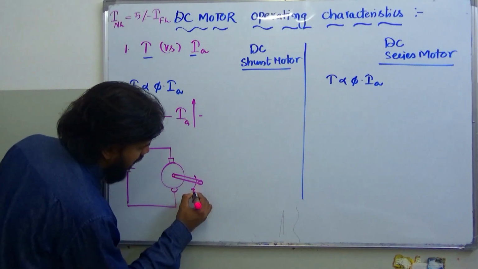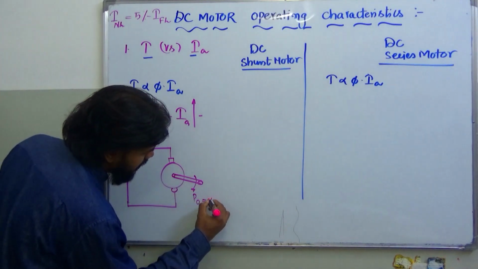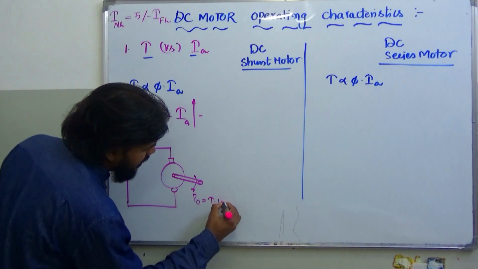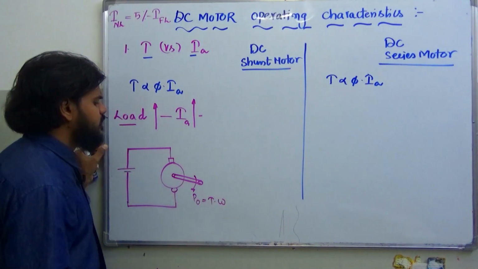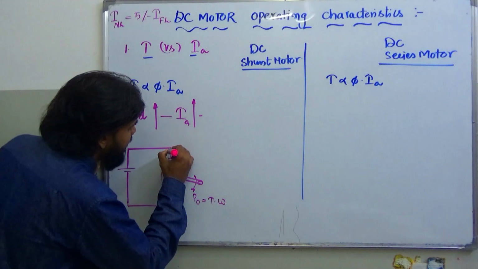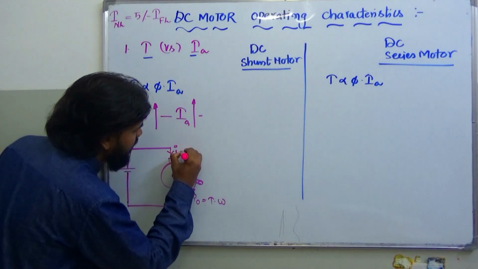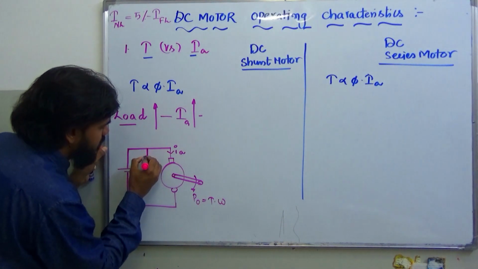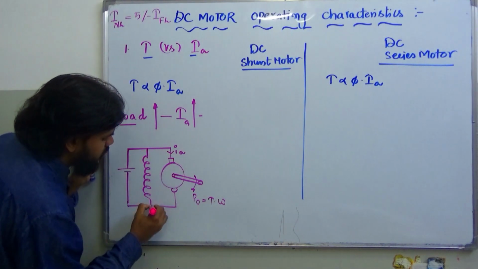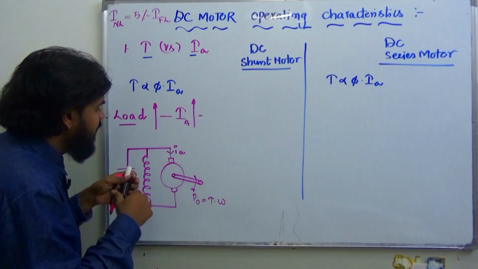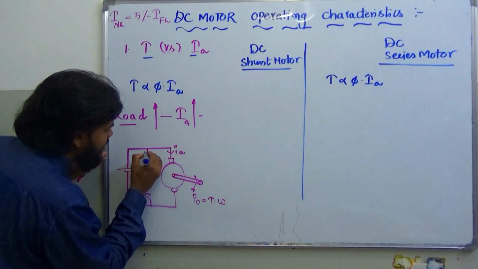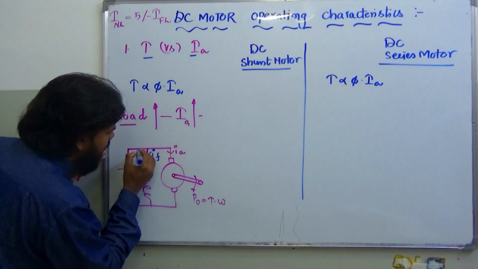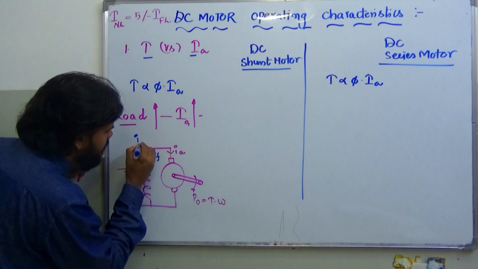It has an output power, torque and speed out, and it takes a current Ia. Let us take the same shunt motor to avoid confusion. There is Ia here and If here, and there is a total current drawn into the motor.